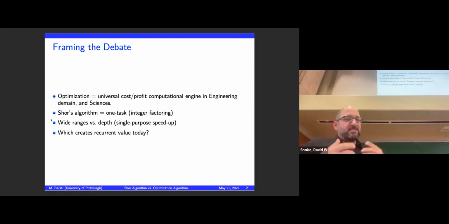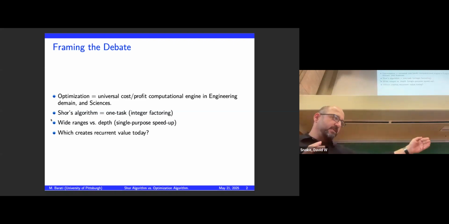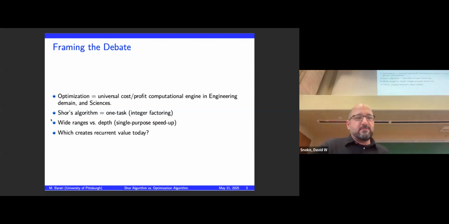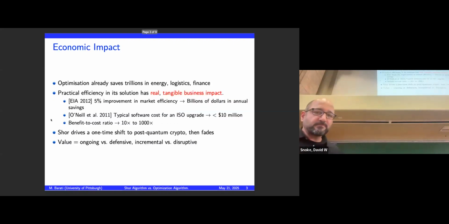Optimization can work on a wide range of applications, versus the Shor algorithm, which is a single-purpose problem just for factoring integers. So the one question we should answer is which creates the recurrent value today: optimization problems or the Shor algorithm.